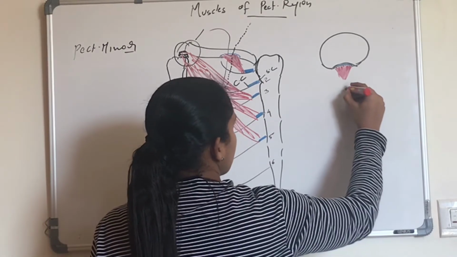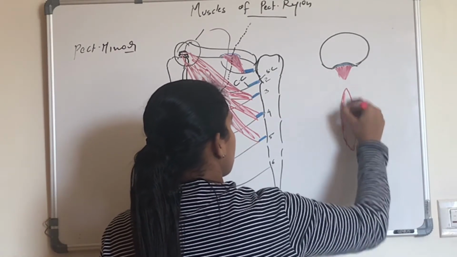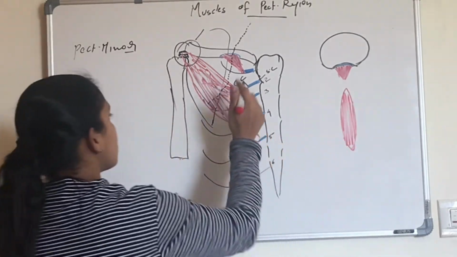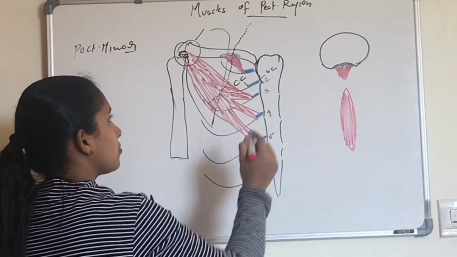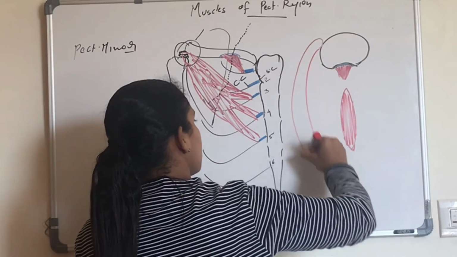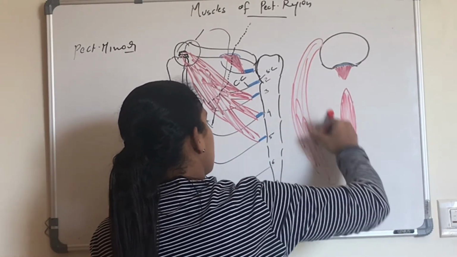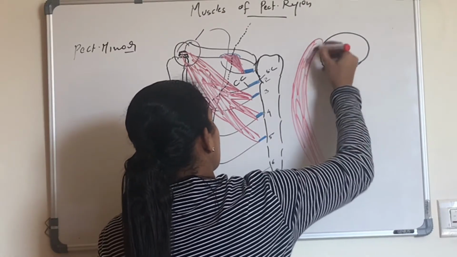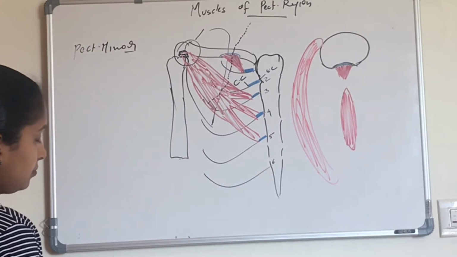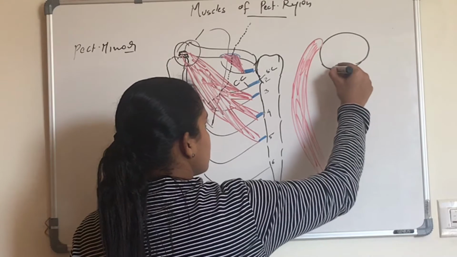Beneath the subclavius you can see we have one more muscle called pectoralis minor. Now you tell me what is attached to the anterior surface of clavicle. Yes, it is our extensive prominent muscle pectoralis major. I hope you understand the orientation of this picture. Now that fascia extending between the clavicle and pectoralis is our clavipectoral fascia.